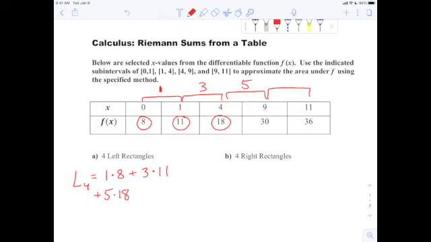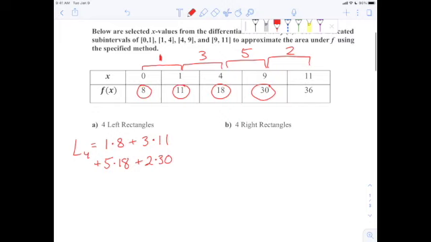And lastly, the last interval has a base or a width of 2, multiplied by that left height of 30. And so, of course, we can get these, but again, you just had to get them individually.